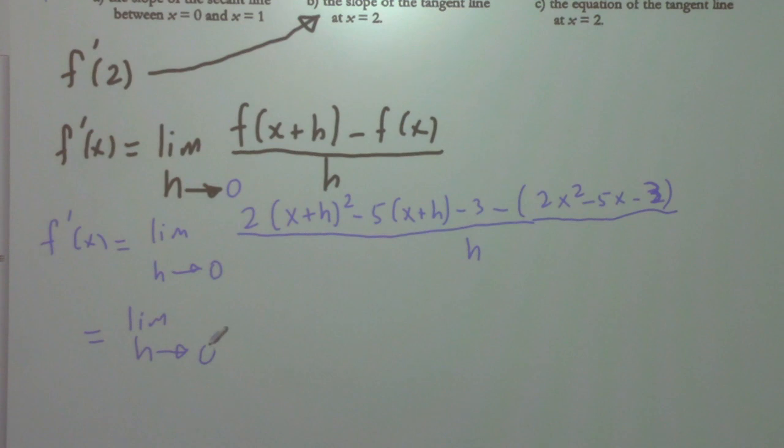And so we have 2 times x squared plus 2xh plus h squared, and then minus 5x minus 5h, minus 3, and then we have minus 2x squared plus 5x plus 3, all over h.